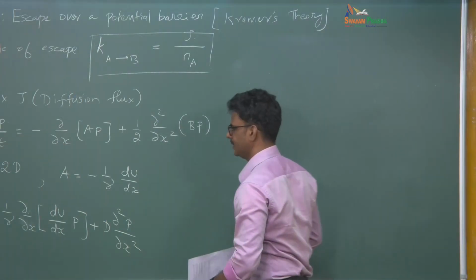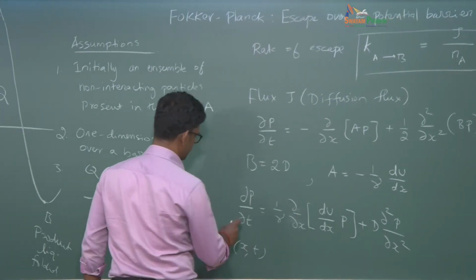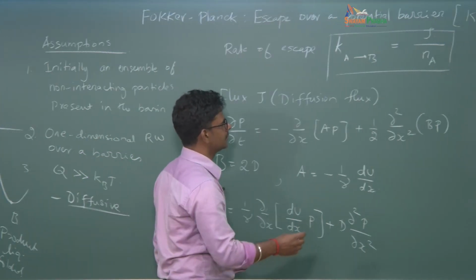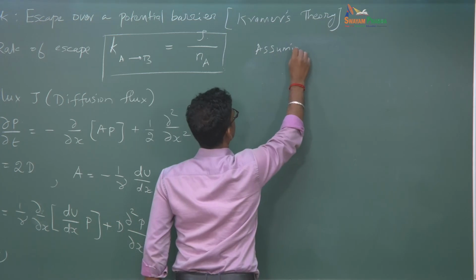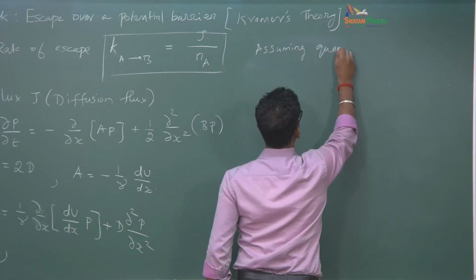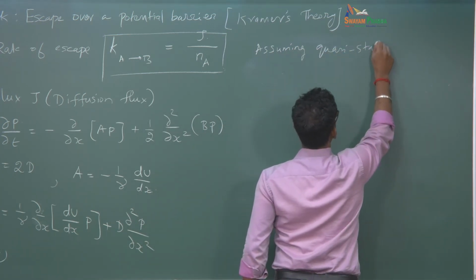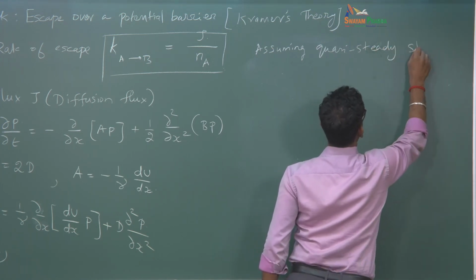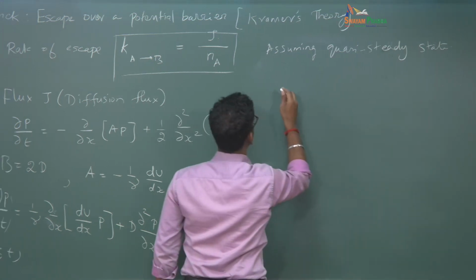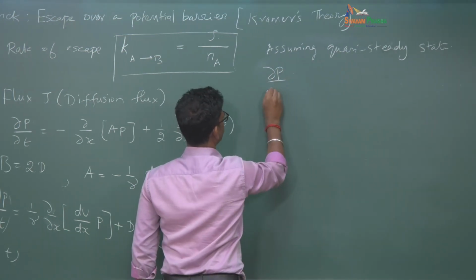So now what we will do is we will assume a quasi-steady state where this time derivative goes to 0, where the partial derivative goes to 0.